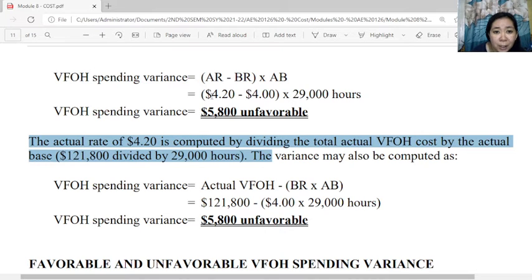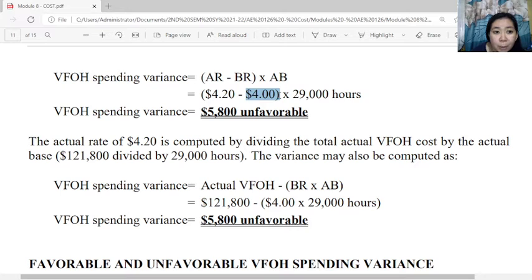So that's 4.2, minus 4, this is the standard or budgeted rate. And then we will multiply it with the actual number of labor hours spent. So therefore, our variable factory overhead spending variance is equal to 5,800. This is unfavorable.